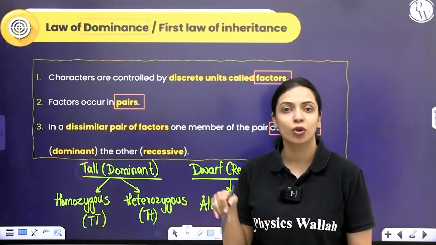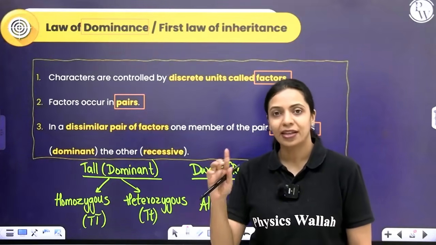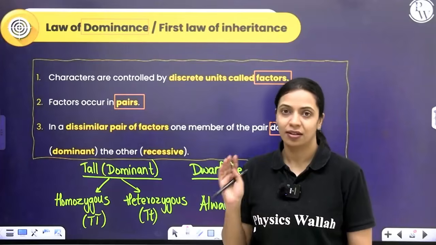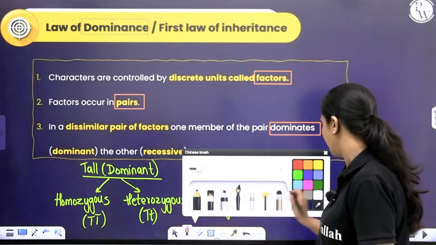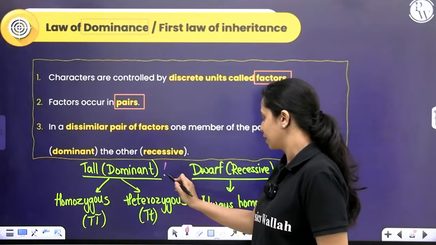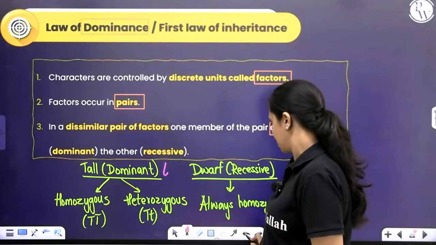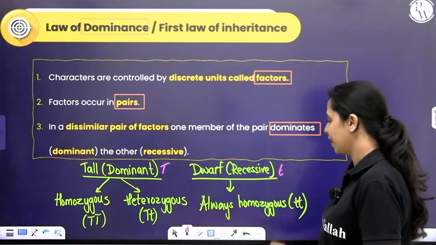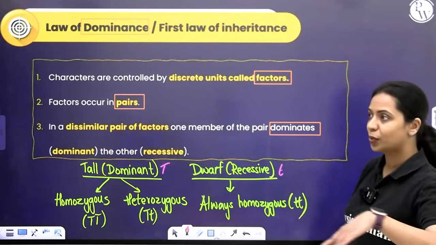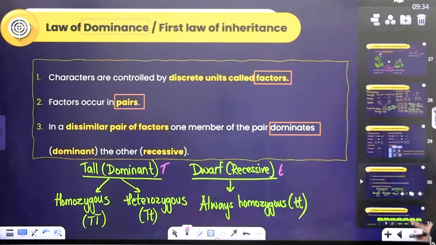For dwarf, we don't use D. The same T, if you make it lowercase, that will be recessive. So the tall trait is represented by capital T, dwarf is represented by lowercase t. That is how it works for every other character as well.